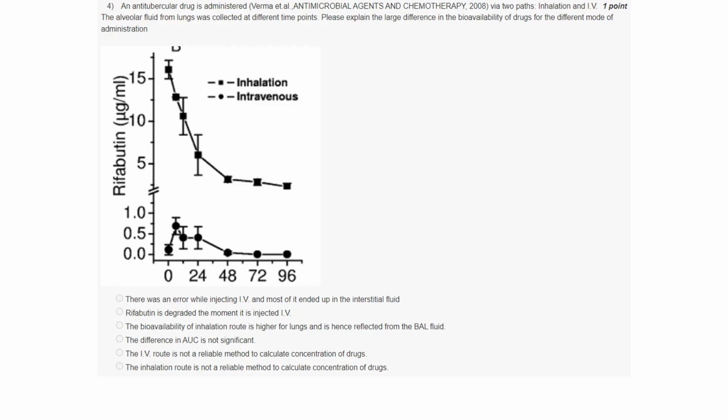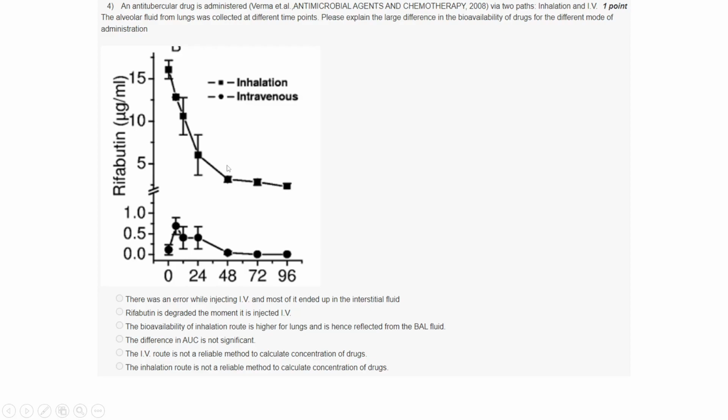An anti-tubercular drug is administered via two paths, inhalation and IV. The alveolar fluid from lungs was collected at different time points. Please explain the large difference in the bioavailability of the drug for different modes of administration. Here we have a graph which is essentially the concentration of the drug, rifabutin, versus time.